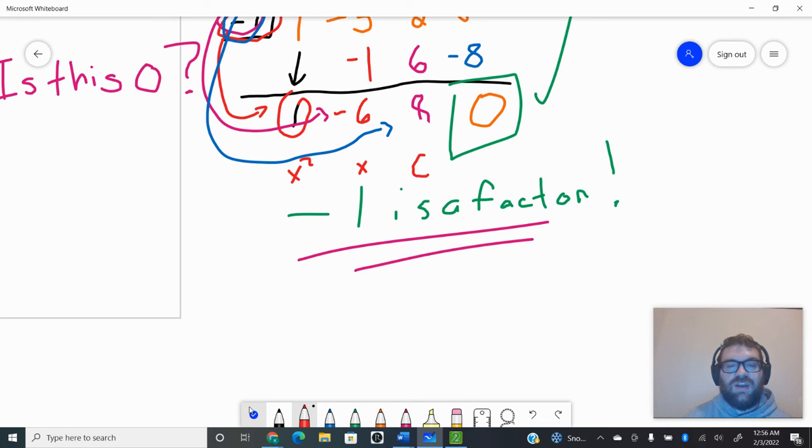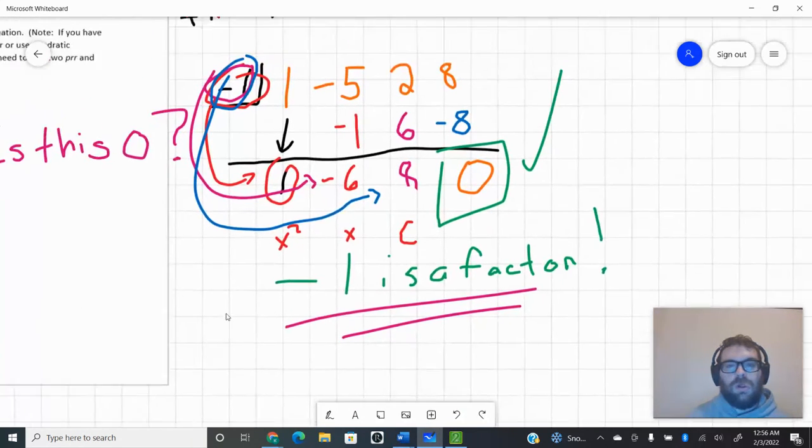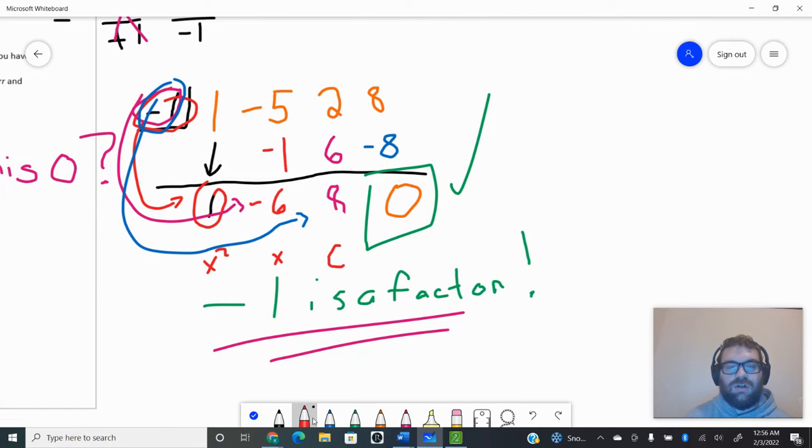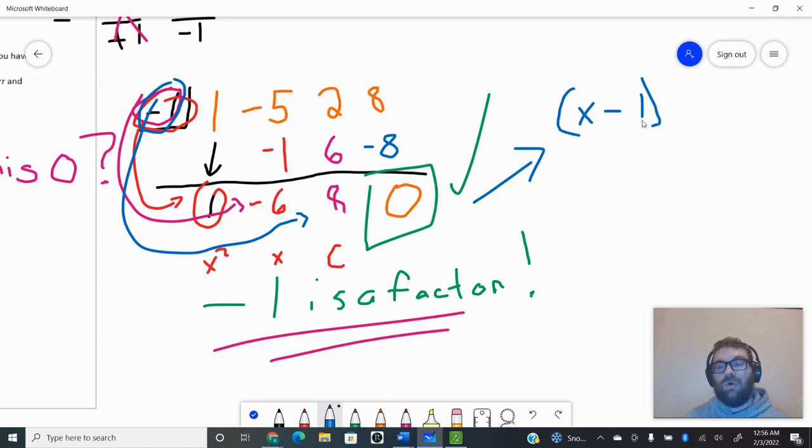So since we just found that negative 1 is a factor, we'll go over here and rewrite x minus 1. So you just put x and minus or plus whatever number you had. It's minus because it was a negative 1 here.